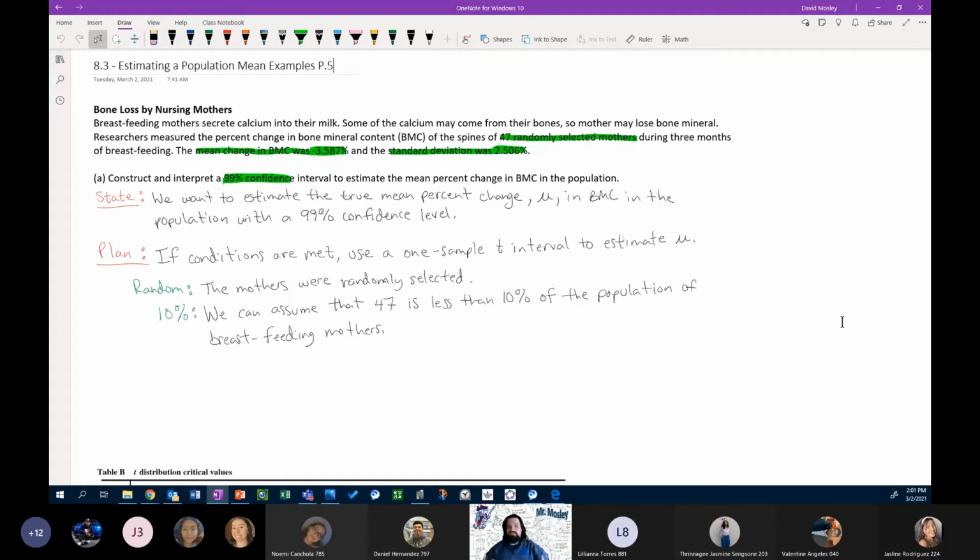And that's just a fair assumption to make based on, like, well, in the US alone, there's probably more than 470 breastfeeding mothers at any given time. Okay.